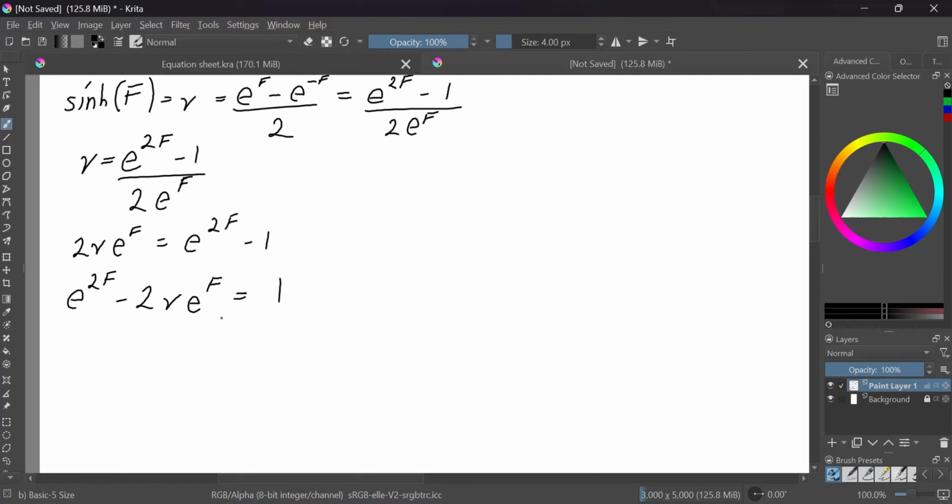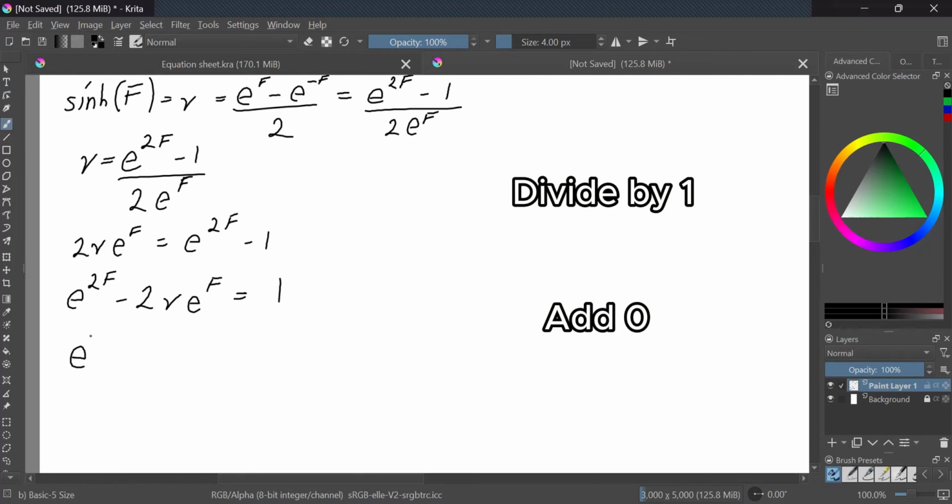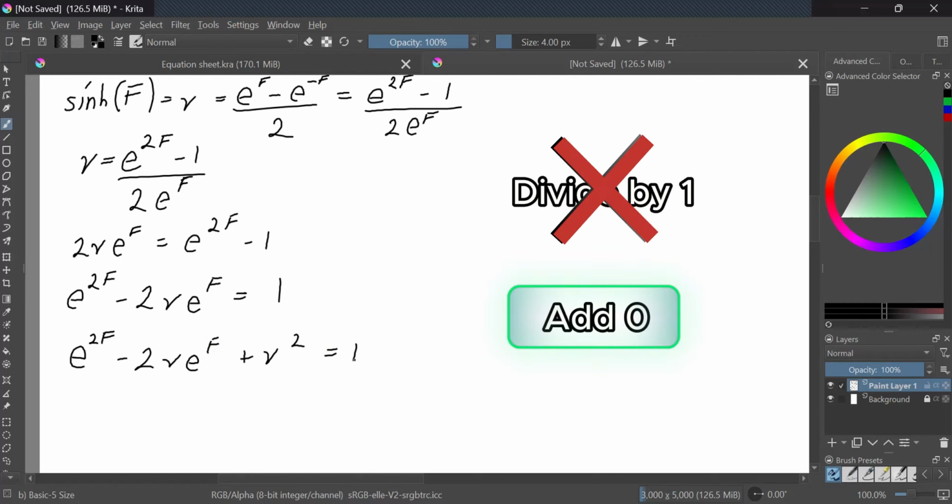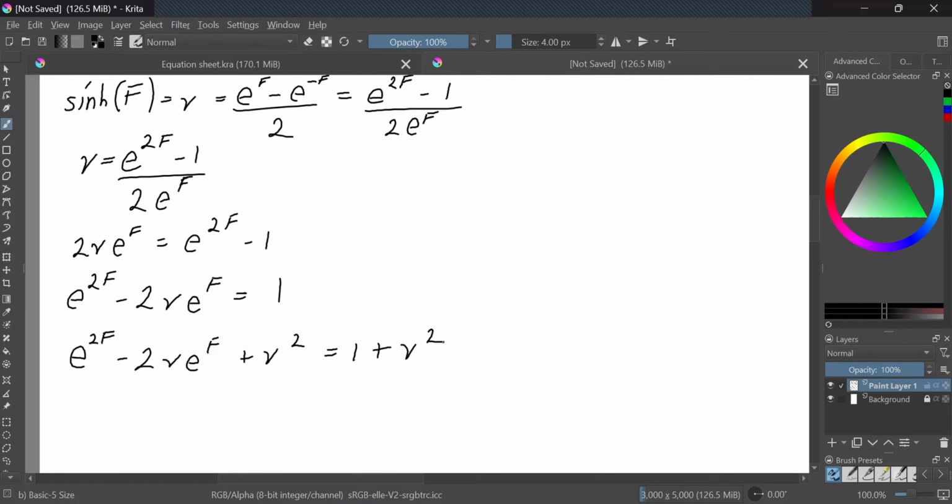And for that, to complete that, let me try that again. e to the 2f minus 2v e to the f. And then to round it out, we're going to add v squared to both sides. So we are going to add 1 plus v squared. So adding v squared to both sides, one of the mathematician's favorite tricks, adding 0.